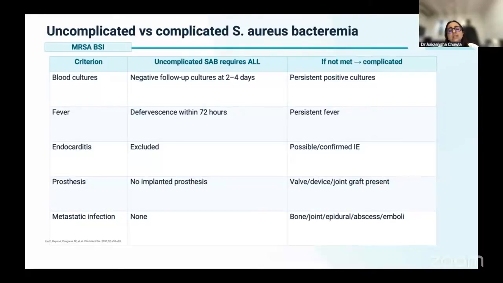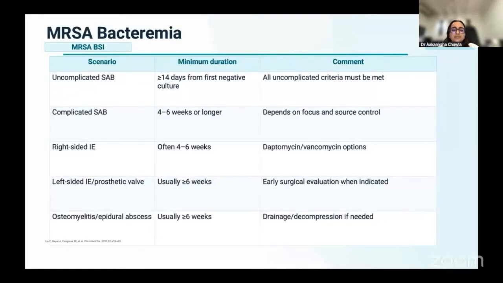A complicated Staph aureus bacteremia would have persistent symptoms, persistence of fever, persistent positive cultures, confirmed or possible infective endocarditis. There is going to be a valve, device, or joint in situ which needs review, could be the source. And then, of course, metastatic infection. So you have to have bone joint evaluation, epidural abscess, or emboli. So this is the basic difference between the Staphylococcus aureus bacteremia, uncomplicated and complicated.